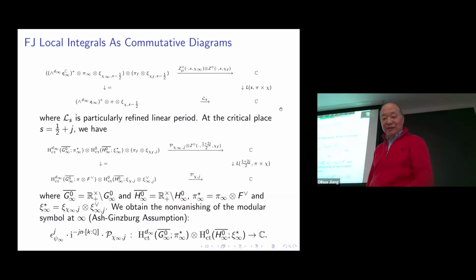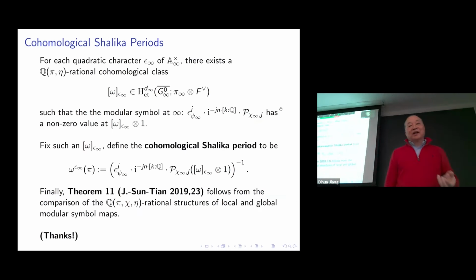We prove it. Okay. Yeah, once you get this, you show that there is a cohomology class which, evaluated on this modular symbol, is non-zero. So that's essential, right? So once you get this, everything else will be deduced from comparison of these rational structures we introduce. And you get the algebraic number, right? So that's it. Thank you.